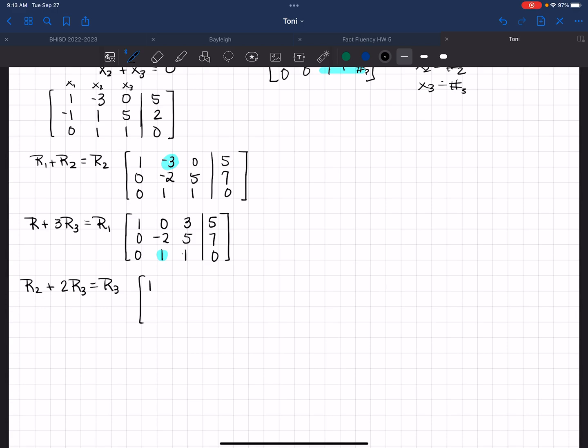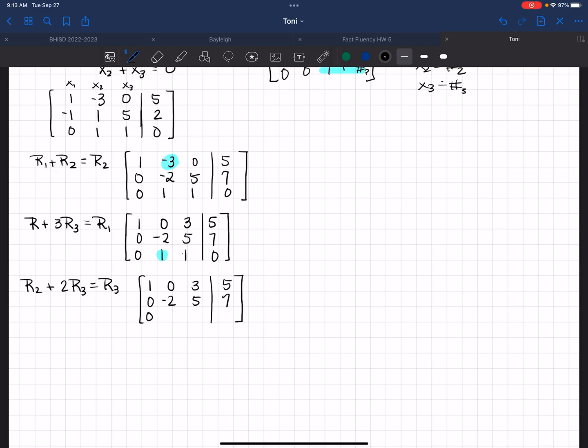Okay, so 1 stays the same. 2 stays the same. And now I'm ready for 3. So I'm going to say row 2 plus 2 times row 3. So 0 plus 2 times 0 is 0.